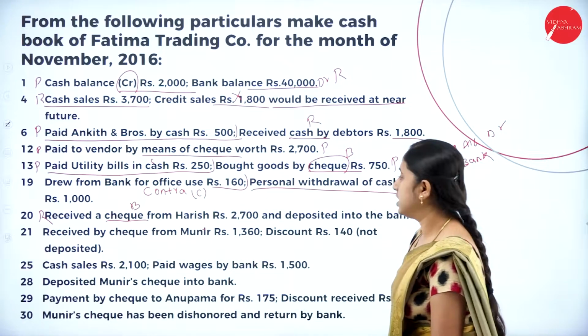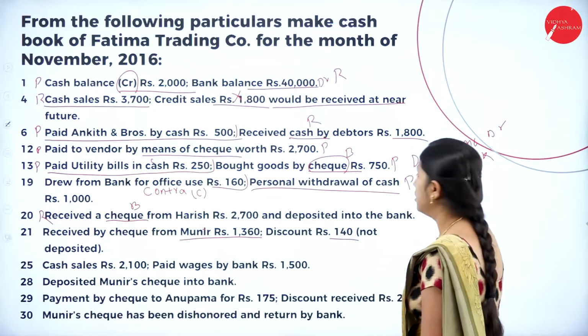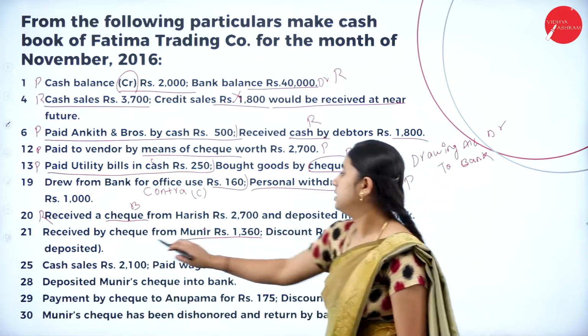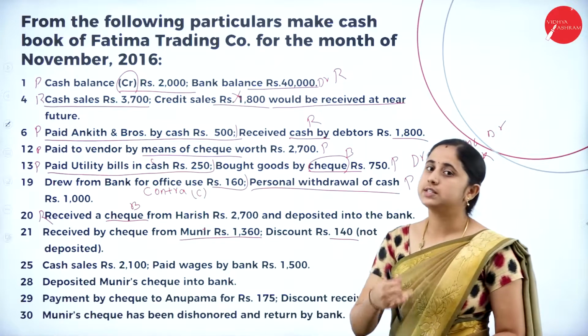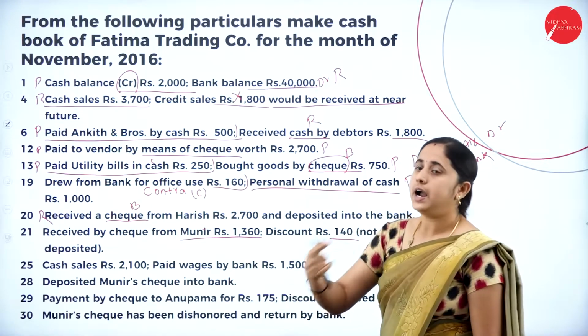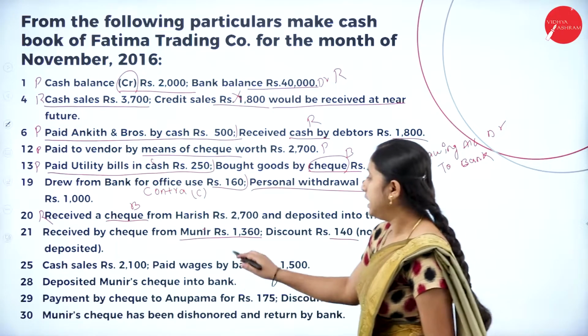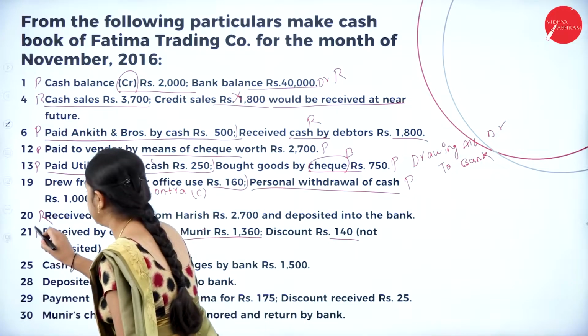Next, received by check from Munir 1360, discount 140, not deposited. That means you will receive a check from Munir but not deposit in the bank, and you allowed him a discount of rupees 140. This is the receipt. Write in the receipt side.